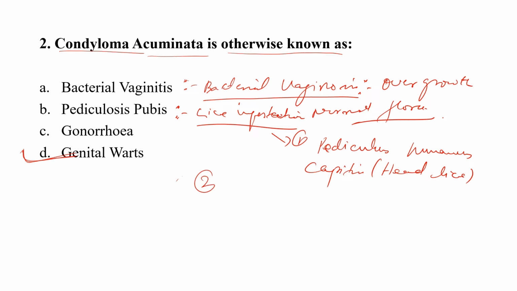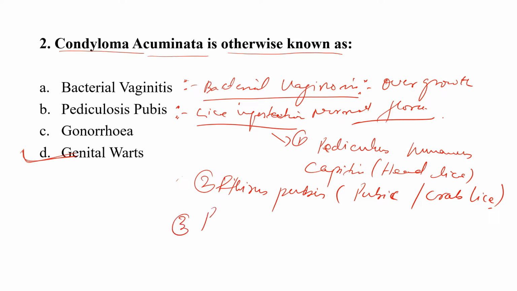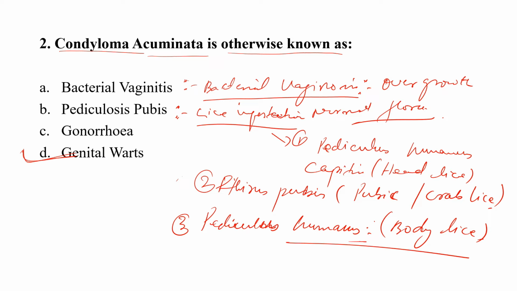The second one is Phthirus pubis, the pubic lice infestation, also called crab lice. And the third one is pediculus humanus, which is the body lice infestation. These are the 3 types of lice infestation.